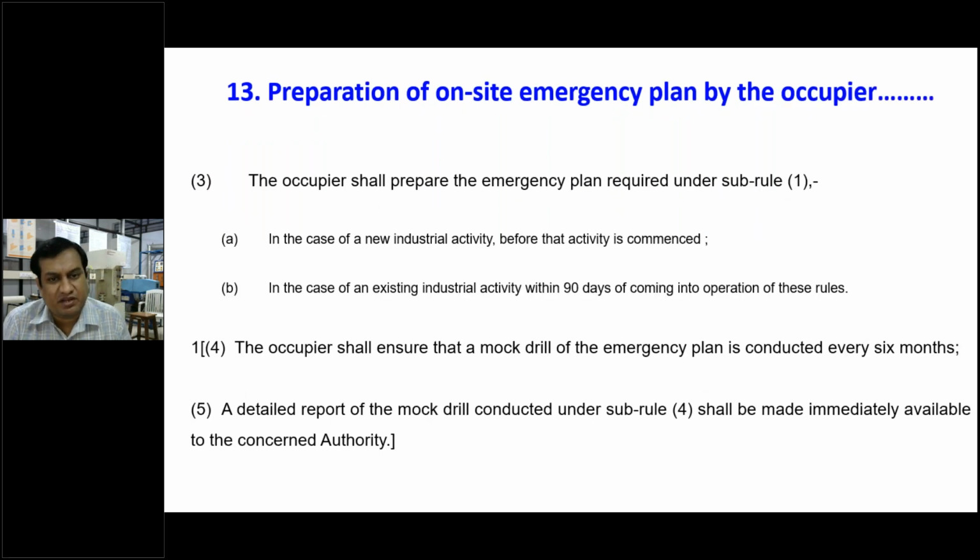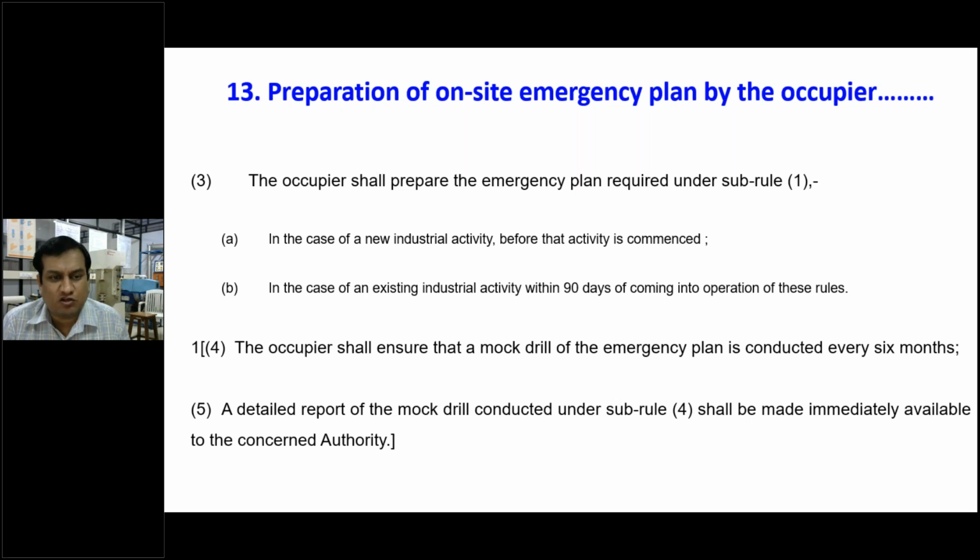Then the occupier shall prepare an emergency plan in the case of a new industrial activity before that activity is commenced, and in the case of an existing industrial activity within 90 days of these rules coming into operation. So for whatever existing industrial activities there are, within 90 days you have to prepare the on-site emergency plan.